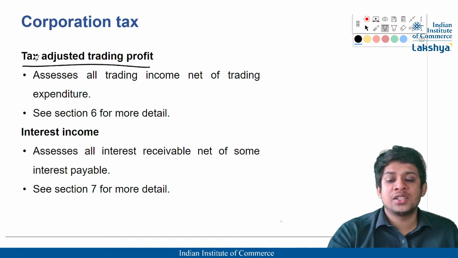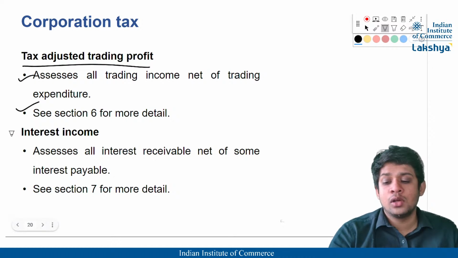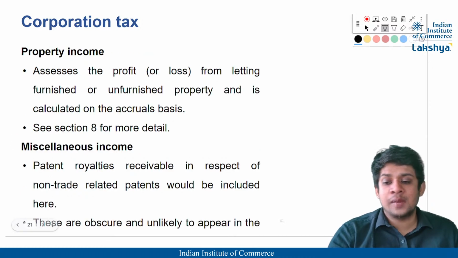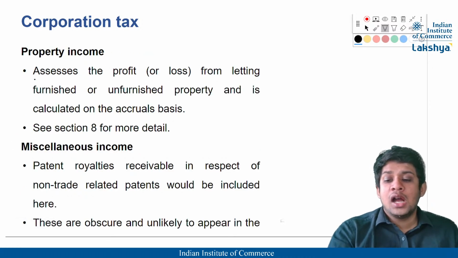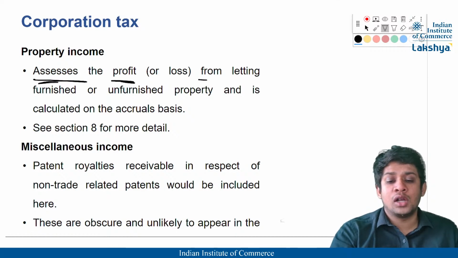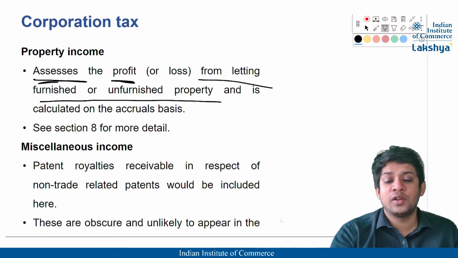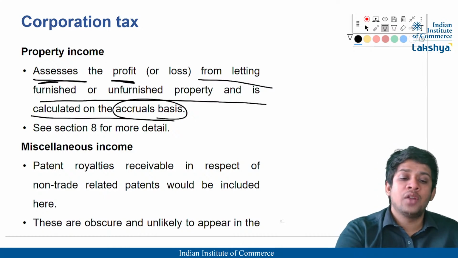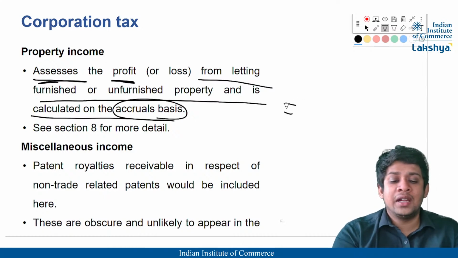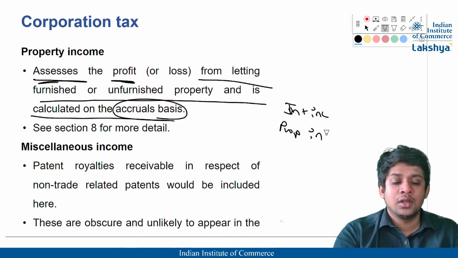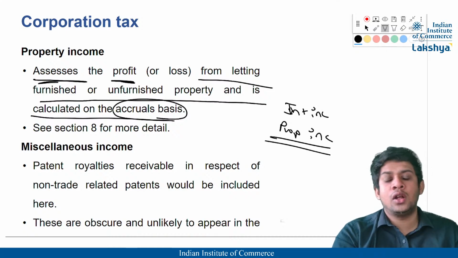So you can see, tax adjusted trading profit I've already explained to you. Interest income also I've already explained. Property income assesses the profit or loss from letting furnished or unfurnished property and is always calculated on an accruals basis. Always remember, guys, all my interest income and my property income: for an individual, we calculated on a paid basis and a received basis, right?